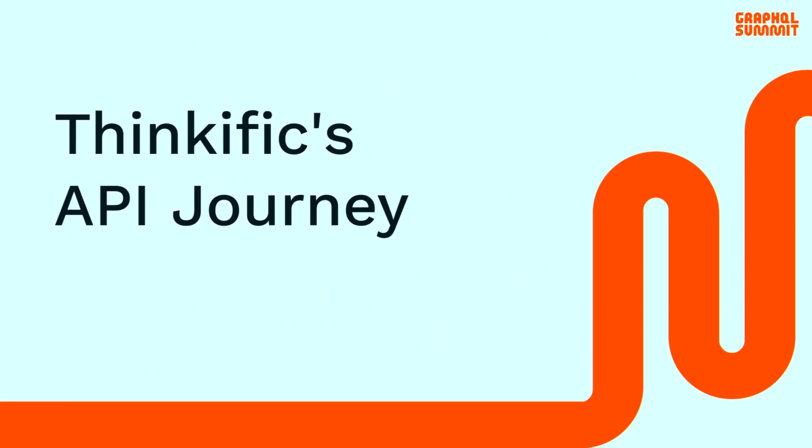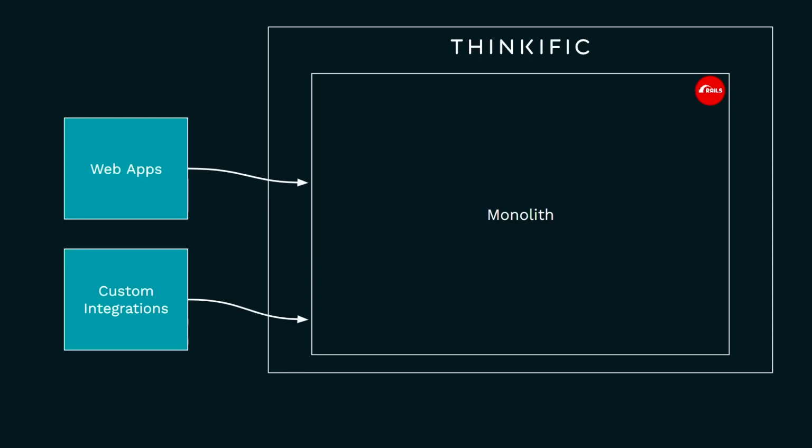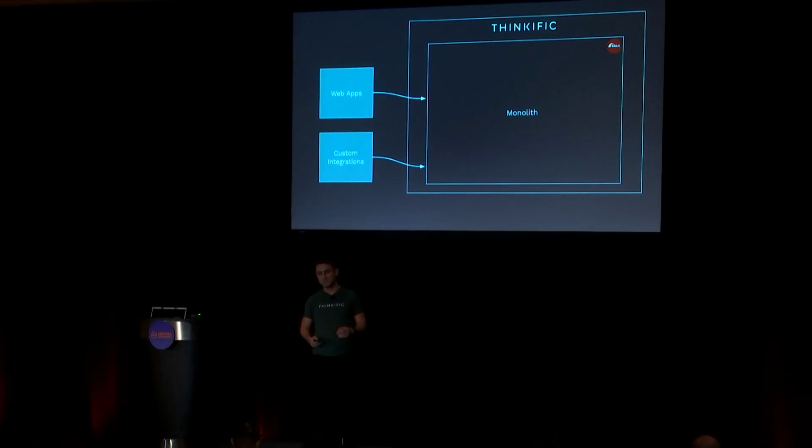So let's dive into Thinkific's API journey. Looking back, before 2017, we were a Ruby on Rails monolith, and we had the web apps, our internal apps, single-page applications, and custom integrations built by our creators to solve some specific use case using our public API.